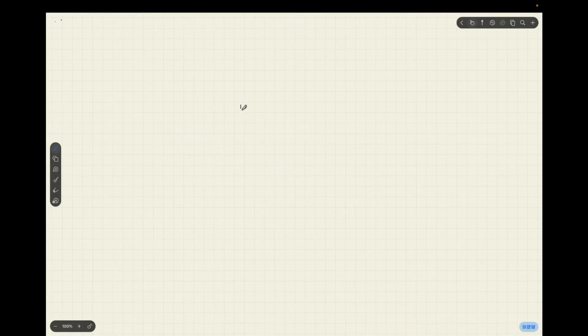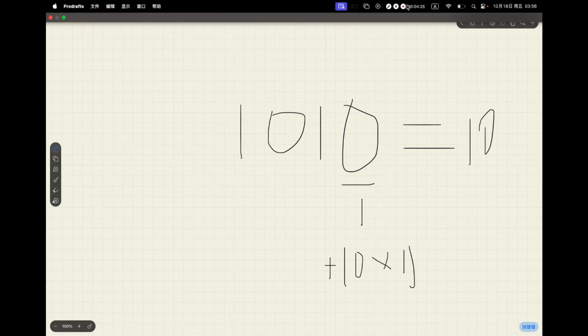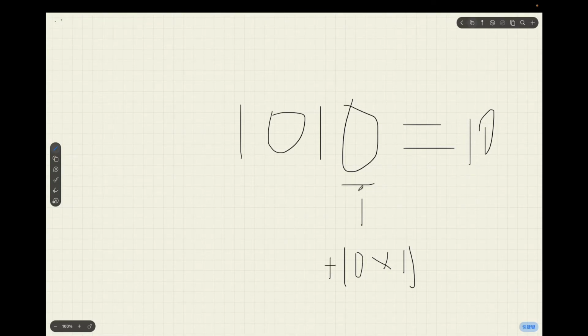So look, we have the number 1010. This should equal 10. Let me tell you why. This is the first place, and we have 0 here, so it's 0 times 1.